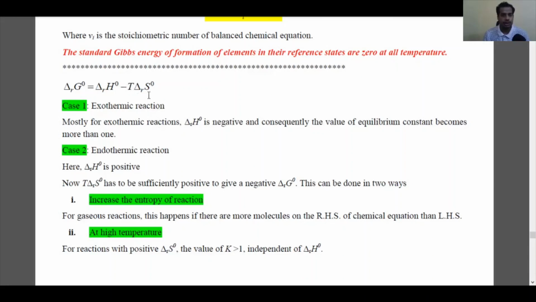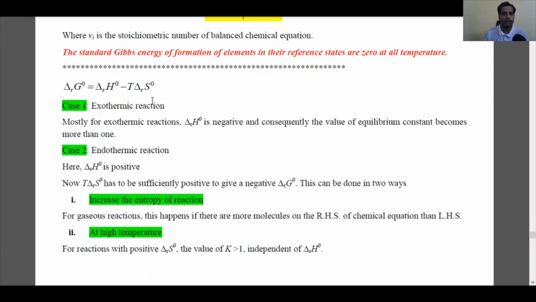Suppose let's consider the first case, increasing entropy. For a gaseous reaction, if a greater number of gaseous products are forming than reactants, that means the entropy of the system is increasing. For such a case, this second term will supersede the first term and the overall term will be negative, and the equilibrium constant will be more than 1 and the reaction will go towards the product side, or towards completion.